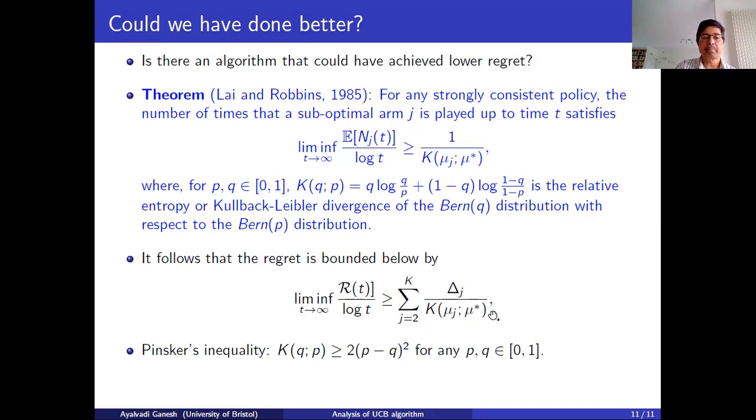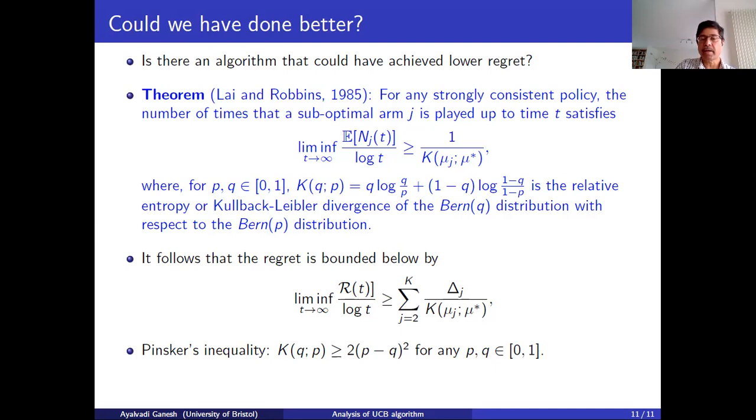And to compare them, we can use something called Pinsker's inequality, which says that the KL divergence for Bernoulli distributions is bounded below by this difference p minus q squared.